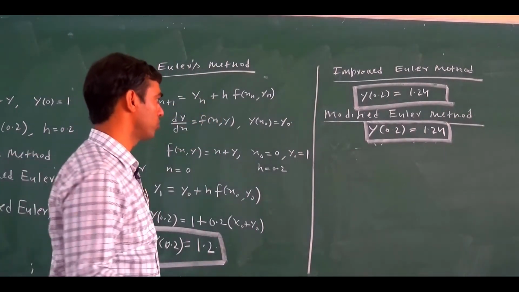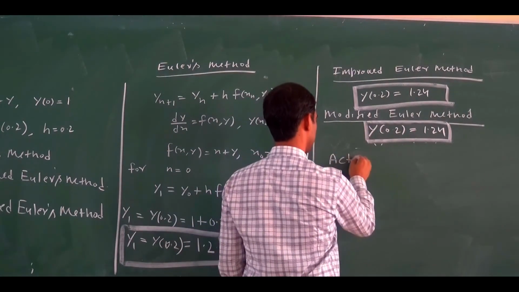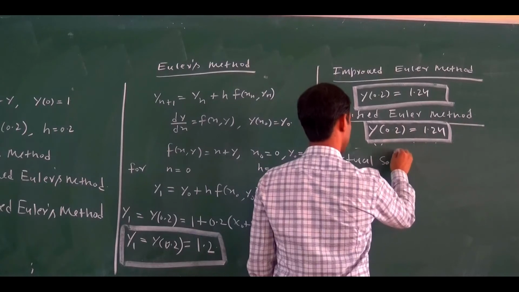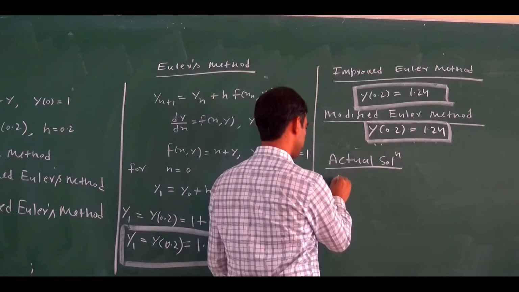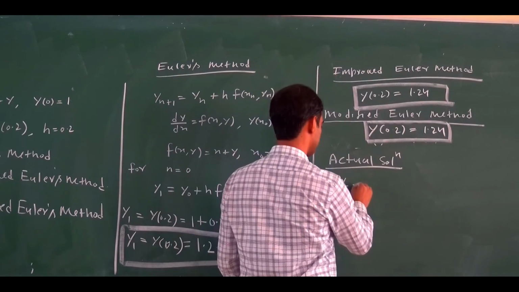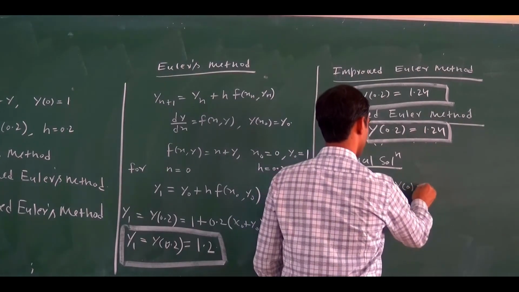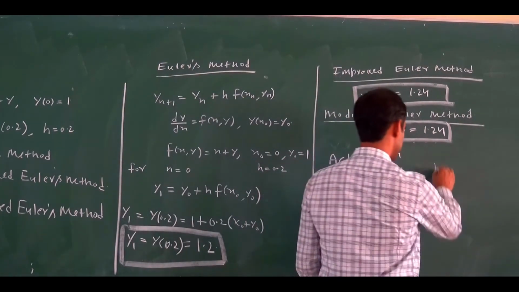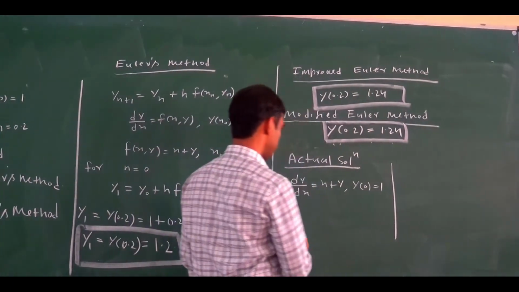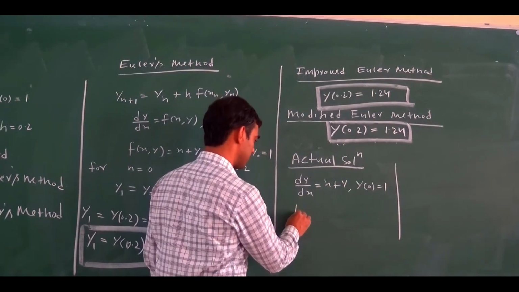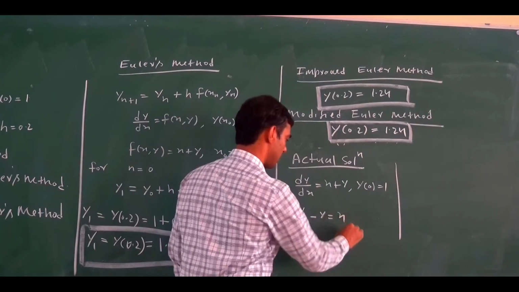This is a very simple differential equation: dy by dx equals x plus y, and y0 equals 1. This is a linear differential equation. If we write this differential equation in this form, dy by dx minus y equals x.